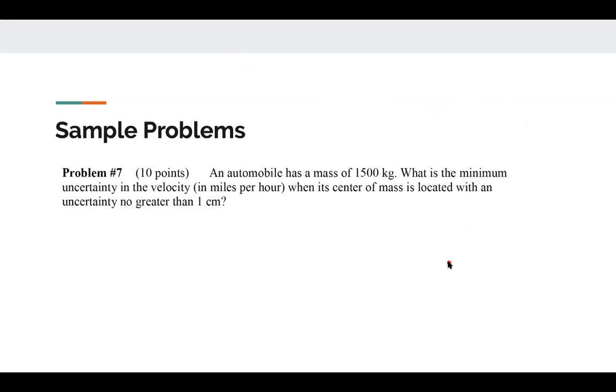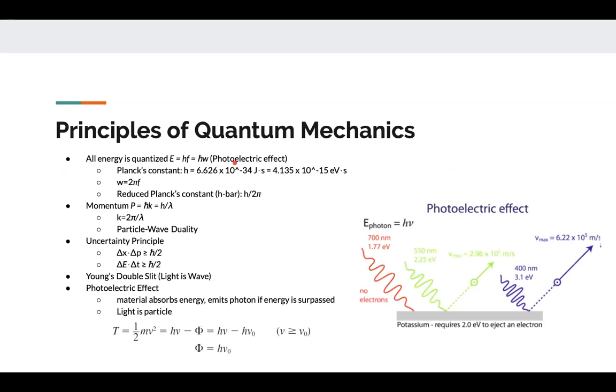Why is it minimum instead of maximum? Technically, maximum uncertainty is infinite. The key idea in this problem is that momentum is equal to m times v, and from Heisenberg's uncertainty principle, delta x times delta p has to be greater than or equal to h bar over 2.